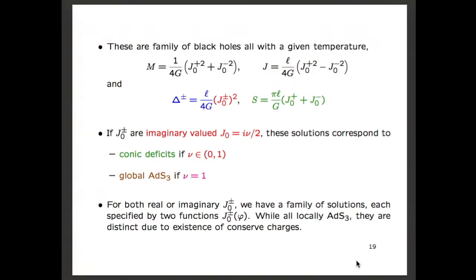In principle, I can extend this J naught to be an imaginary number between 0 and 1 with this parameterization. And the imaginary case would correspond to conic spaces, conic deficits, and global AdS.